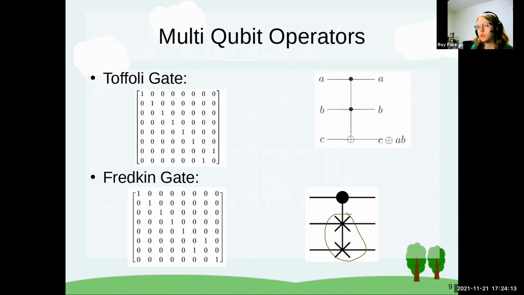With the Toffoli gate, you have two controls and 1 target, which is the direct sum of the control gates' product. So basically, they both need to be 1 in order for something to be flipped, because 0 times 1 is 0. You can see the matrices right here.